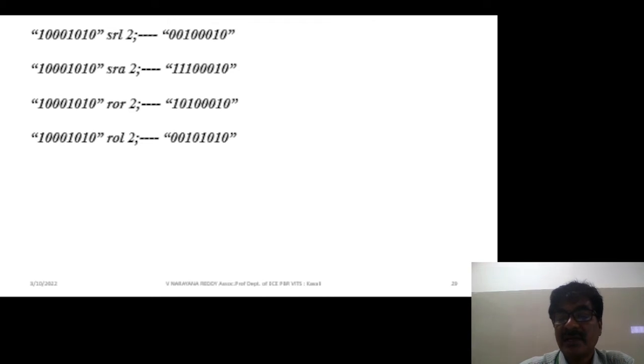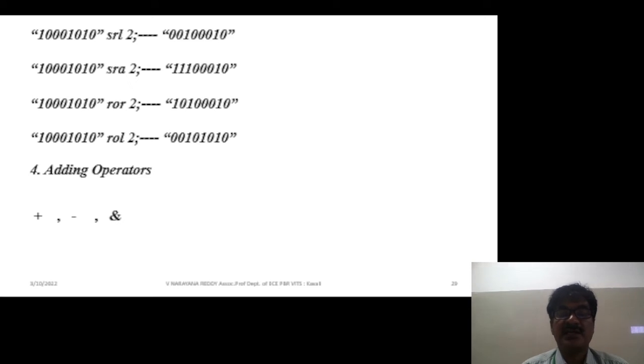Coming to adding operators, their purpose is addition, subtraction, and concatenation. Adding operators are generally used for adding two integers, the sum operation, subtraction operation, and concatenation.